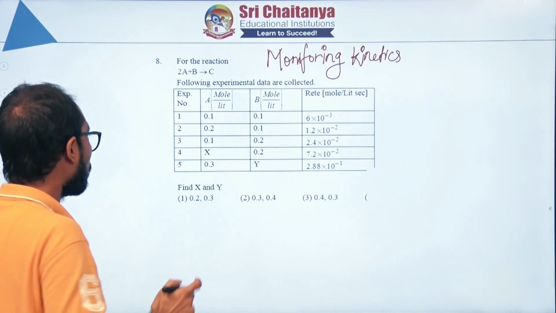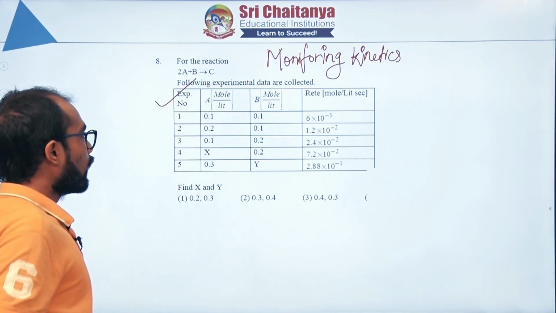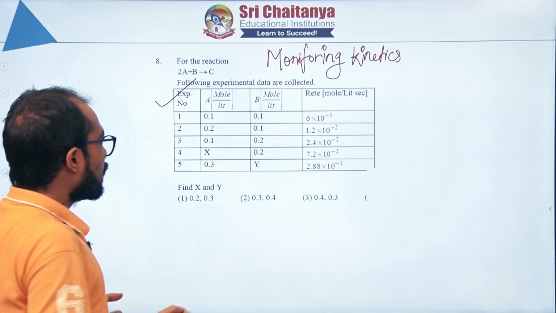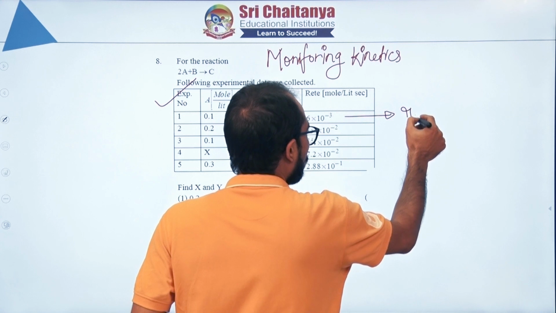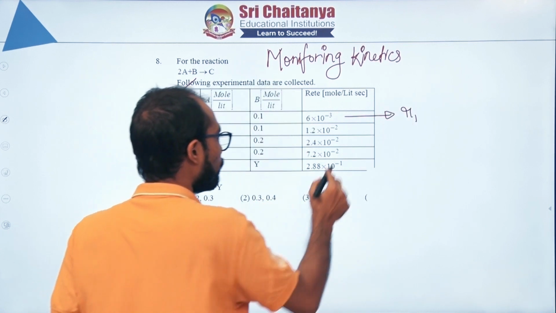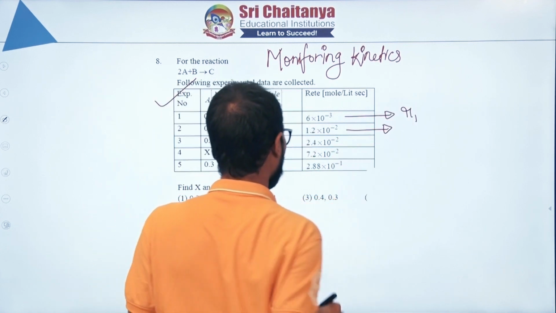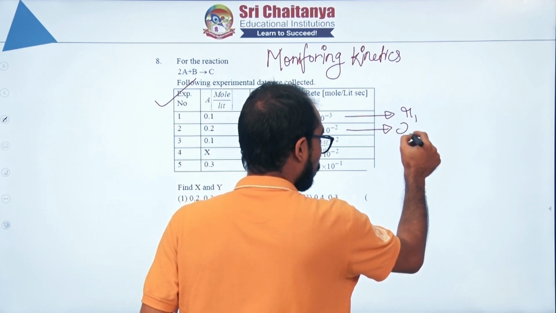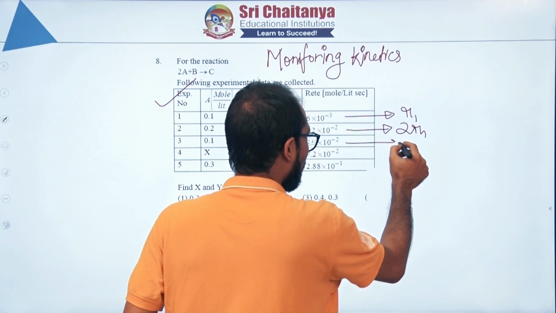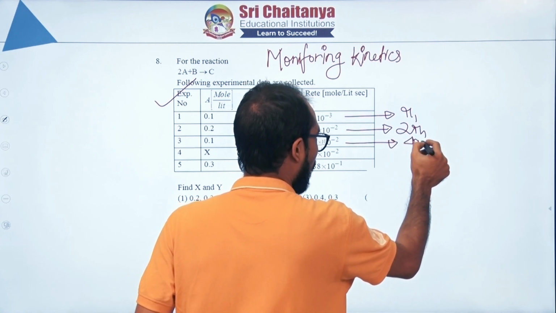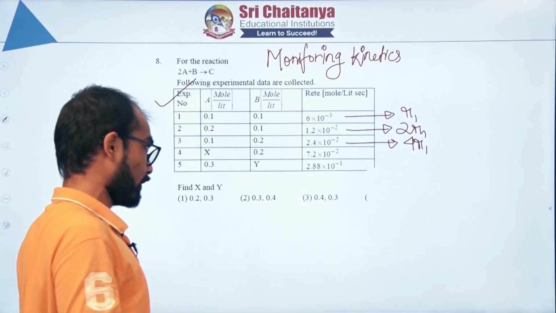You have to observe this table. Now, when you observe this table, say for example, this is my rate, I am calling it R1. If this is R1, please pay your attention, what will be this one? This is 2 times R1. If this is 2 times R1, then people, what is this? This is 4 times R1.